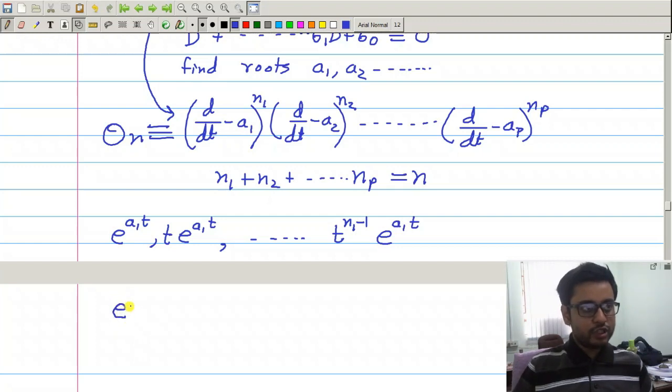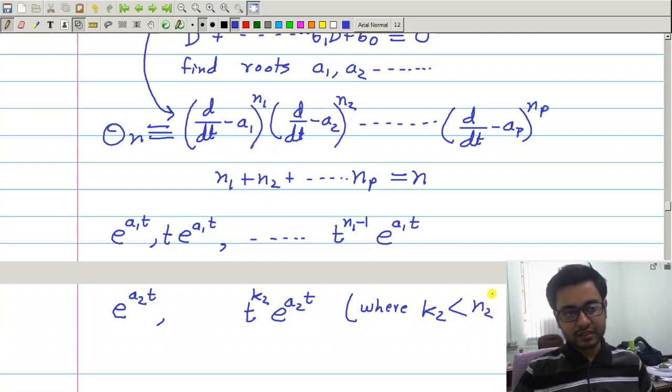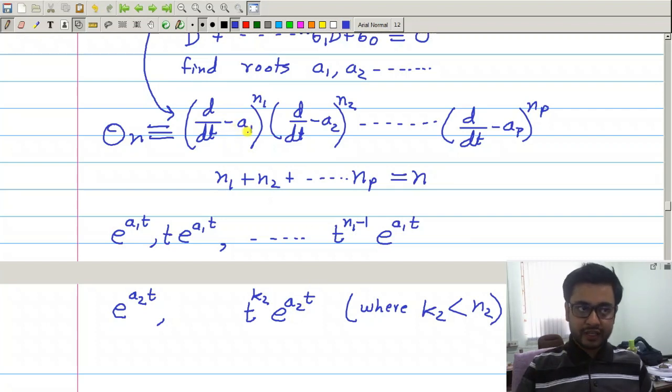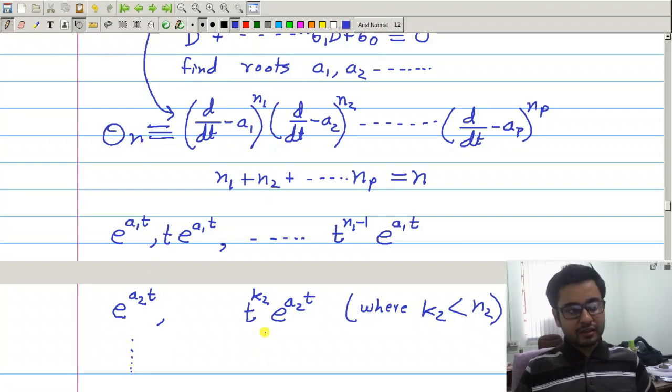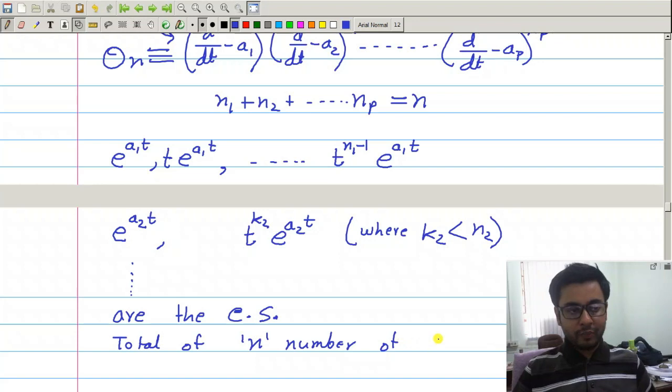Similarly, e^(a2 t) or e^(a2 t) multiplied by t^k2, where k2 should be less than n2, will also give 0 when acted on by O. Therefore, these are the complementary solutions, and in this way we will have a total of n complementary solutions.